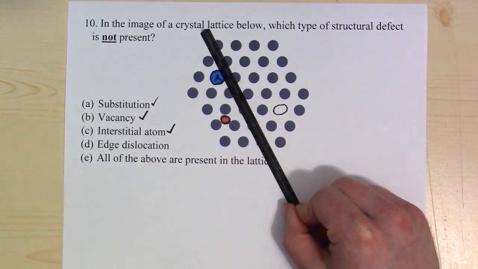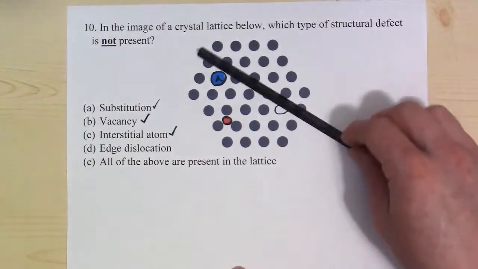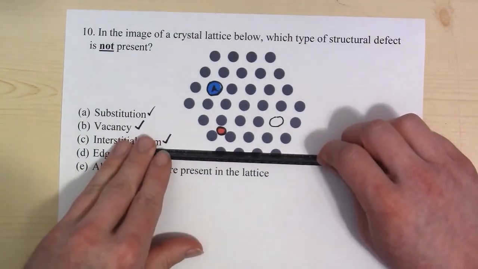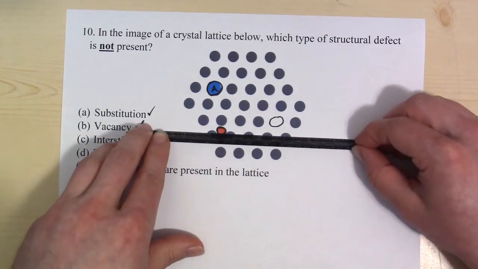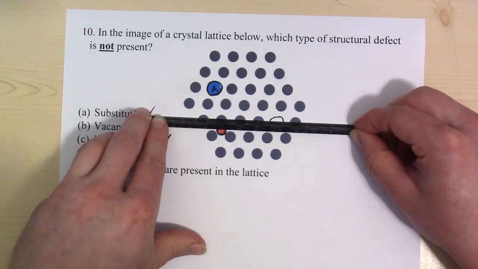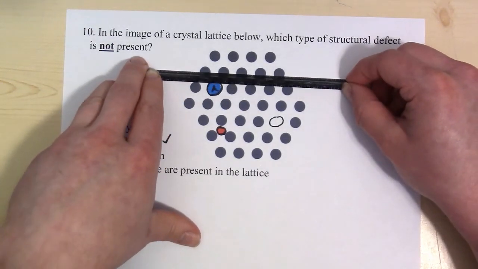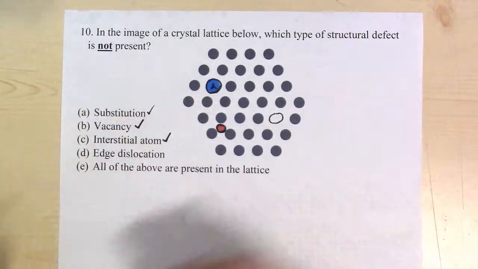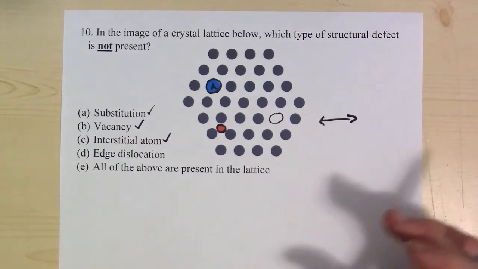That means that there's been an edge dislocation along this axis, because all of these atoms along the x-axis here, those all line up. If you go up through the rows here, all of those line up. So that means that the edge dislocation has happened along this axis.